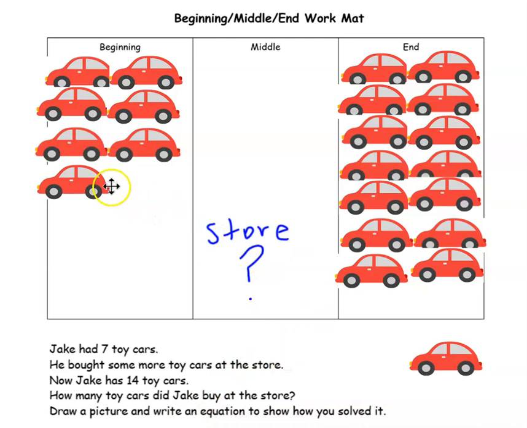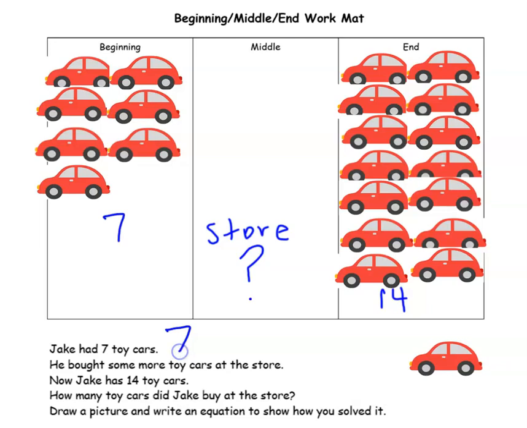So let's think. If he already had 7, and then he bought some more at the store, but he ended up with 14. So let's think of an equation.